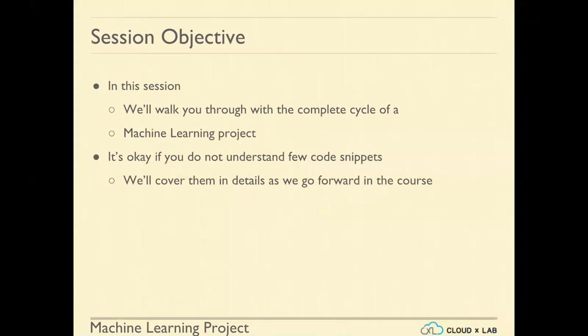In this project, we are going to walk you through a complete cycle, and it is completely okay if you don't understand a few of the code snippets. You can always go back or dig deeper to understand a particular concept.